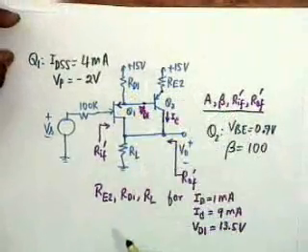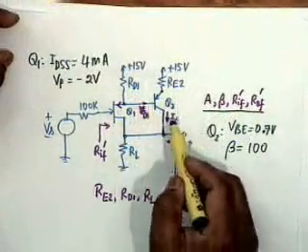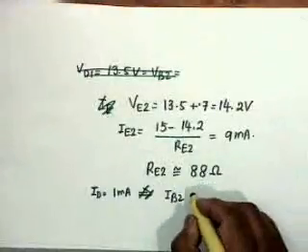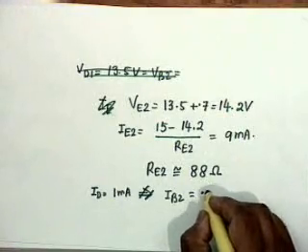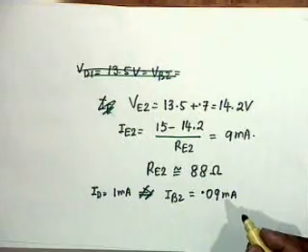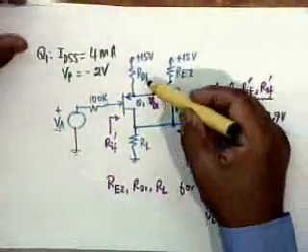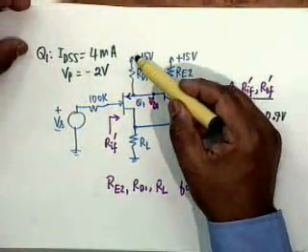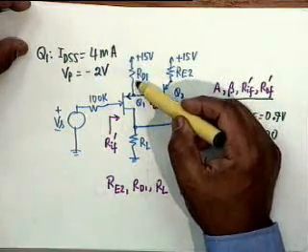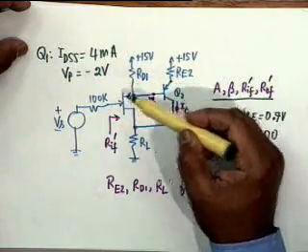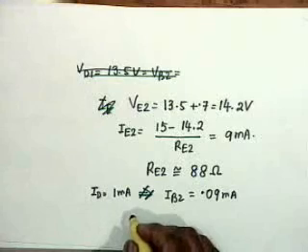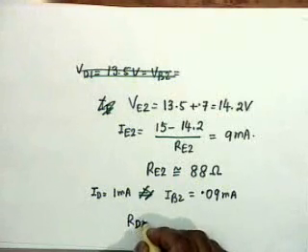This is I sub D, and IB2 would be 9 milliampere divided by beta, and therefore IB2 is 0.09 milliampere, and my equation would be to find RD1, that 15 minus 13.5 divided by the total current through RD1, which is ID plus IB2, and therefore RD1 can be found out.